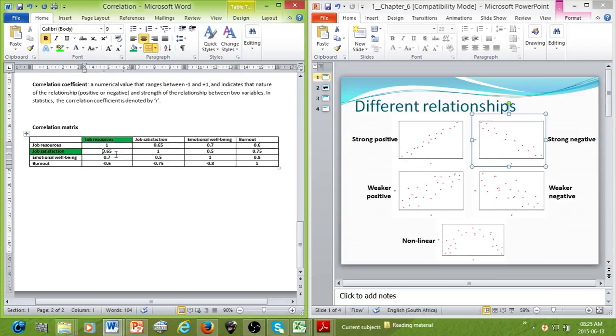Therefore, the correlation coefficient between job satisfaction and job resources is equal to 0.65. So it's a positive linear relationship, and it's a reasonably strong linear relationship.